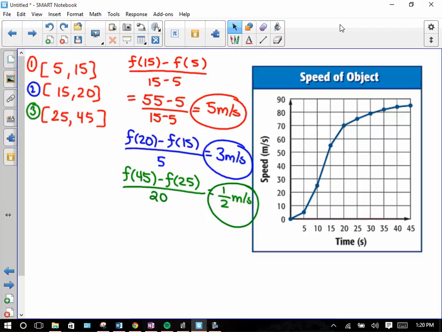The steeper the graph, the greater the rate of change. Does that make sense? Because just think of it, you're covering a large distance in a very short amount of time. So the steeper your graph is, the greater the rate of change. The greater the rate of change, the steeper the graph.